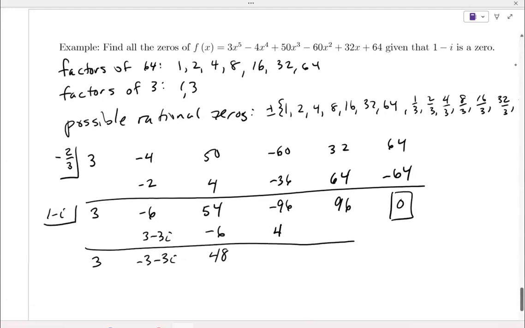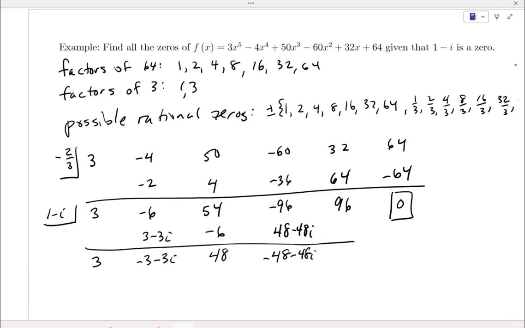Multiply 48 minus 48i. Add down, we'll get negative 48 minus 48i. What number better we get when we do this multiplication? We better get negative 96, right? We have to get 0 when we're done, correct?